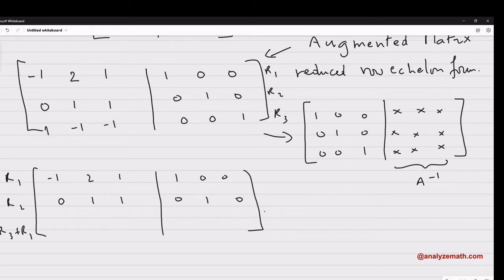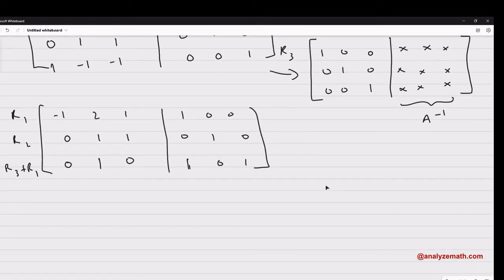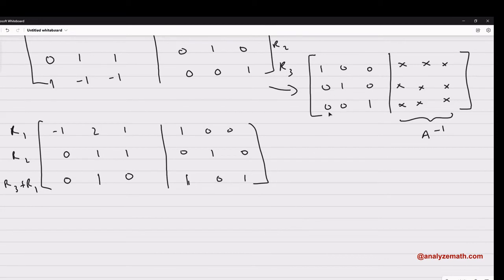Now R3 plus R1: -1 plus 1 is 0, 2 plus -1 gives me 1, 1 plus -1 gives me 0. Here 1 and 0 give me 1, then 0 0, and then 0 plus 1. Good, so the zeros are there.